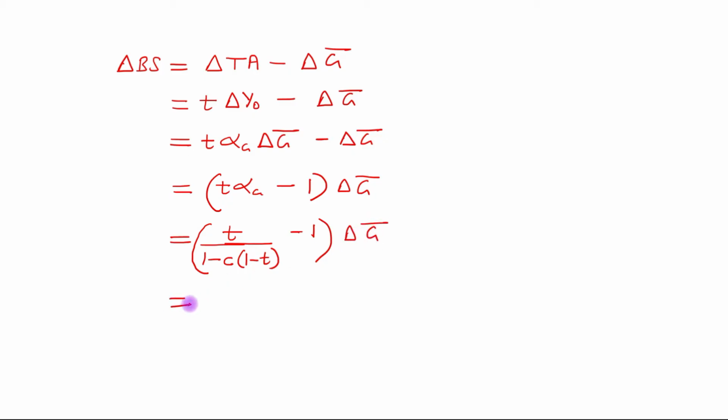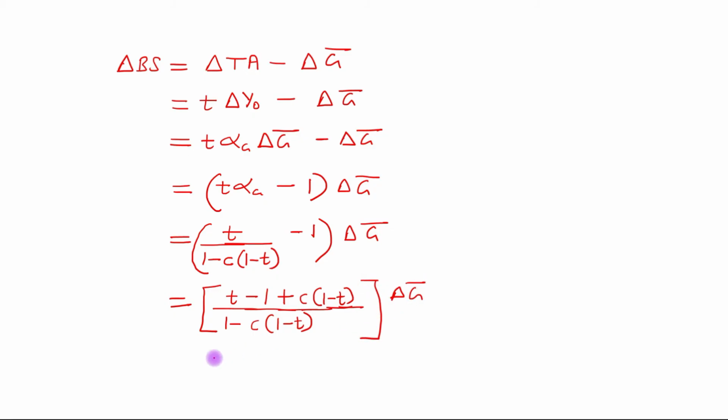In the next step, we will take LCM, so it will be T minus 1 plus MPC 1 minus tax rate, and here is change in G bar.